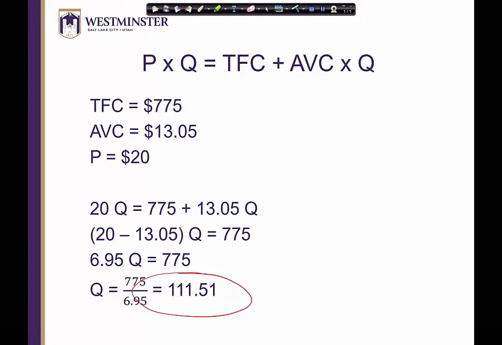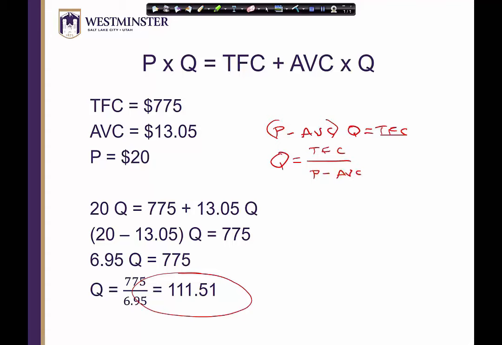There's something else we might want to think about here. If you look at the way that this is set up, this one sets up to price minus average variable cost times the quantity equals total fixed cost. So we might think of this equation in a simplified way as being quantity is total fixed costs divided by price minus the average variable cost.